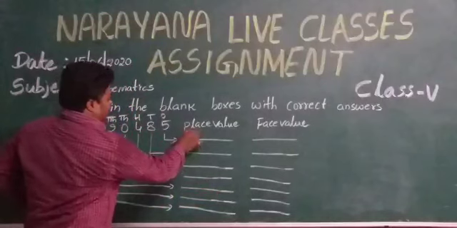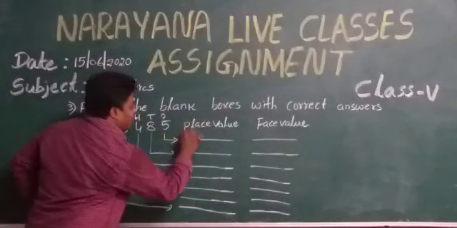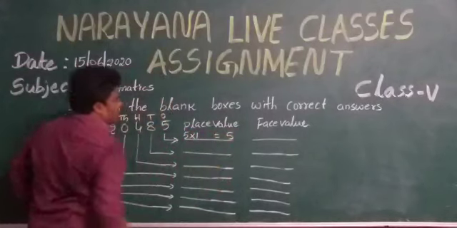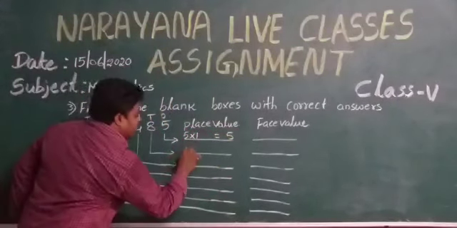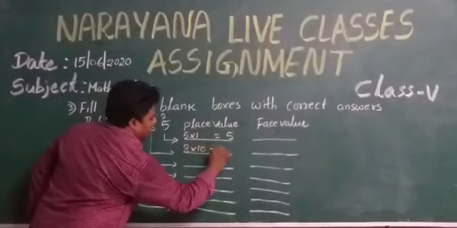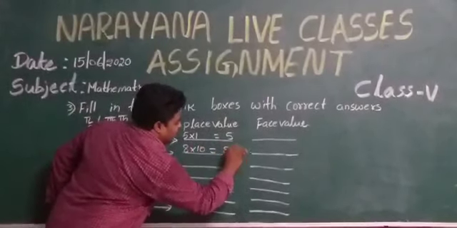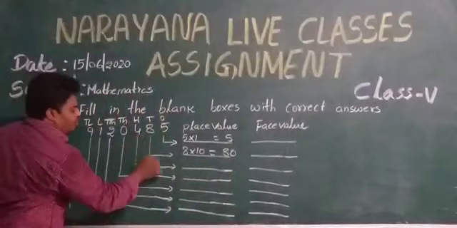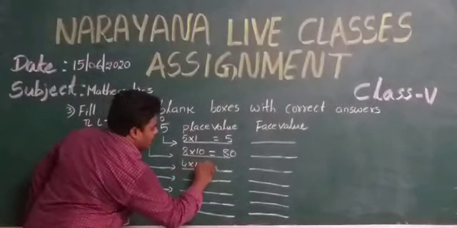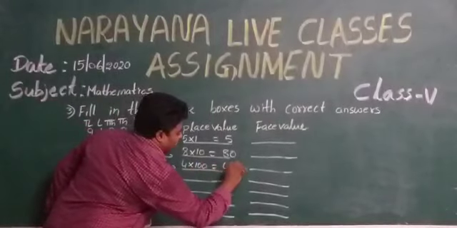So, the place value of 5 is 5 into 1, 5. Next, the place value of 8: 8 belongs to tens place, so 8 into 10, 80. 8 tens are 80. Next 4 belongs to hundreds place: 4 into 100, 400.